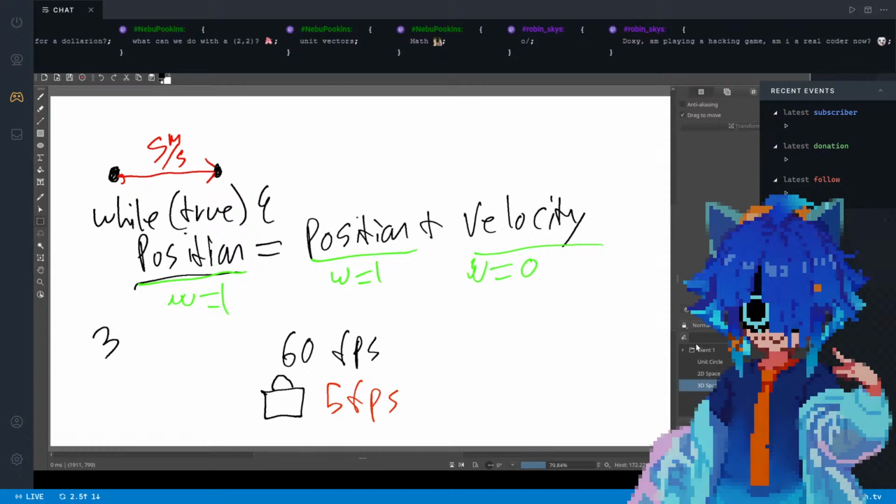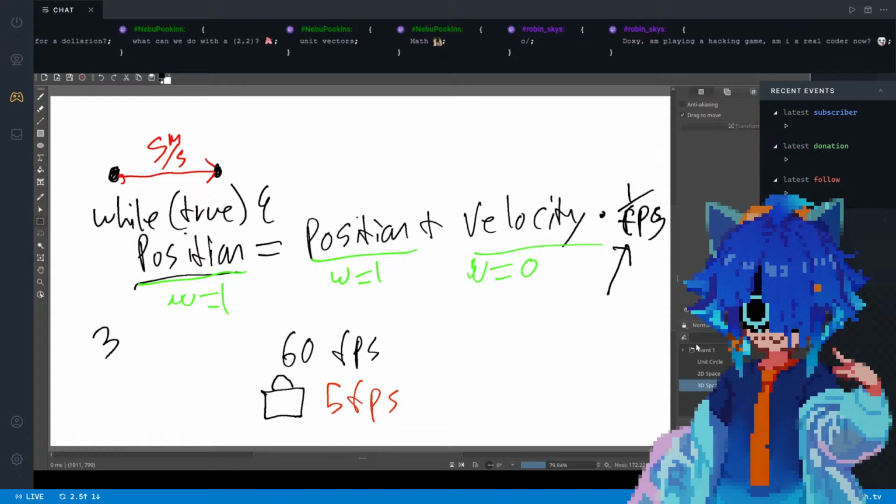So what happens to them? Well, we're going to wind up moving a whole lot faster than they are. So we instead want to multiply by 1 over FPS so that the velocity update is consistent no matter how many frames per second we're getting.